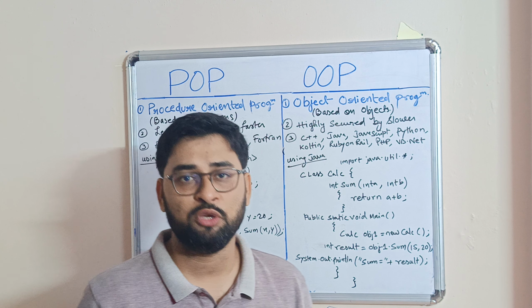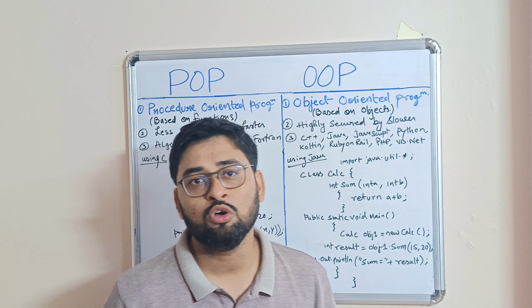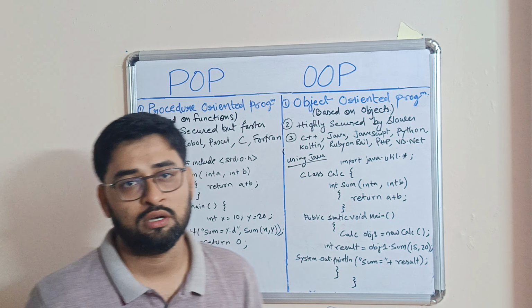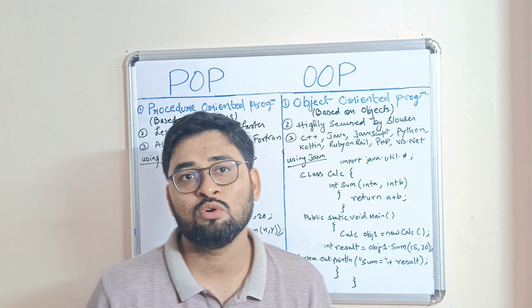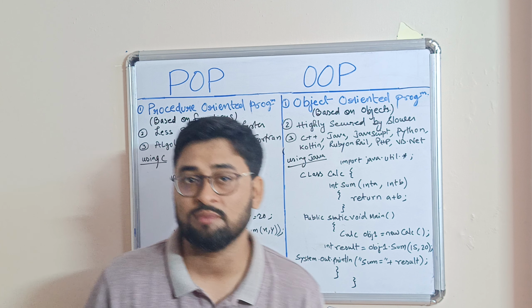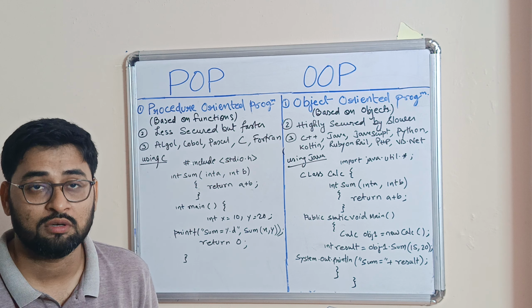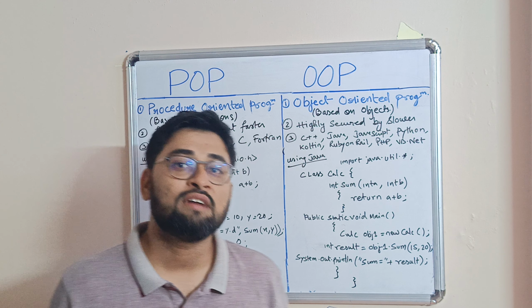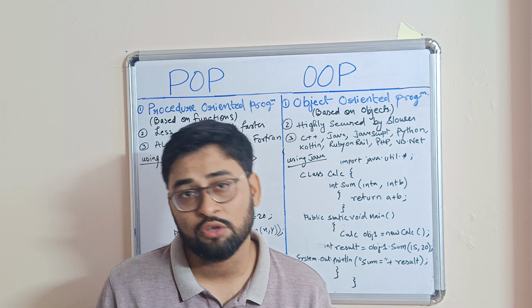Either we can follow POP, or we can follow OOP, that means object oriented programming. So both concepts we can follow. It is only the way how you write the code, how you design the code for a particular system, a particular program task or any kind of application.